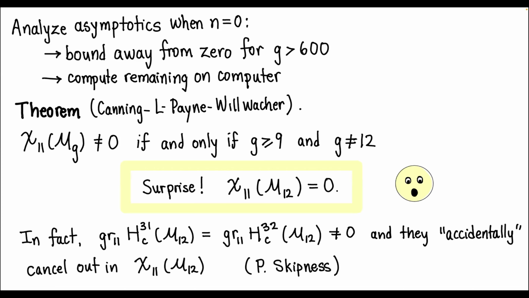And it seems that this vanishing really is accidental. One of Thomas Willwacher's students, Pascal Schnepps, has computed the weight 11 part of the cohomology of M_12, and it turns out to be non-vanishing. And what happens is that the pieces in degree 31 and 32 are equal in dimension and cancel each other out in this Euler characteristic.